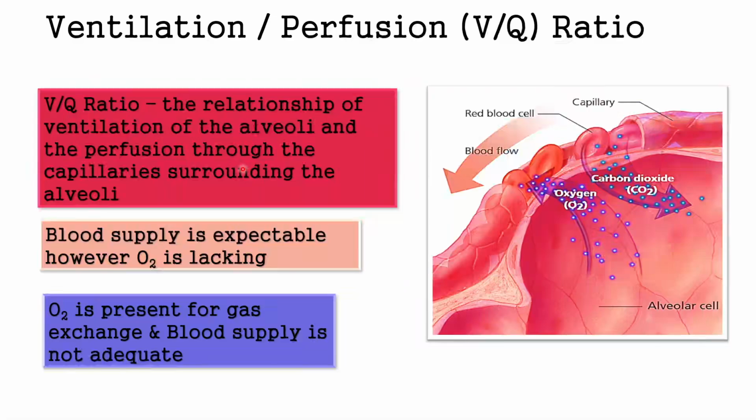Or you can die of hypoxia, but either way you're dying of hypoxia, right? Because if you're bleeding out and all of your red blood cells are dropping on the floor, then they can't make it back to the cells to drop off oxygen, right? So you're going to die of hypoxia either way.